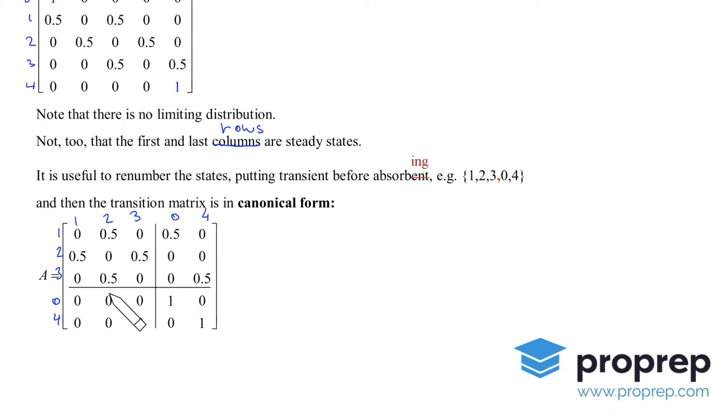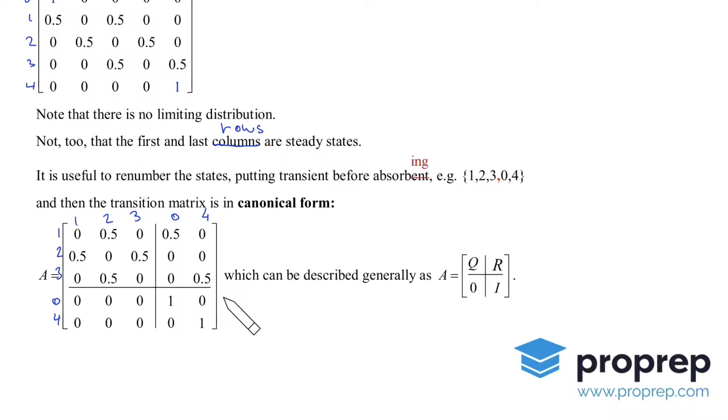And as for the rest of it, no special comment, but notice that I've partitioned it, and we can get a partitioned or block matrix, and then we write A in block form. This part we call Q, this part R, this is just zeros, but it's not a square matrix, and I is an identity of size however many absorbing states there are.